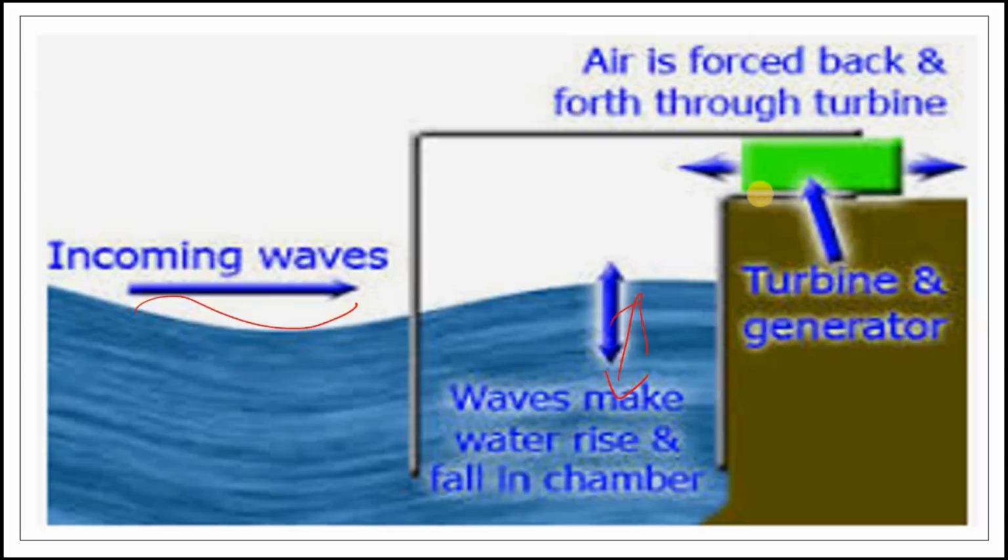Simple thing is that whenever any movement is there, there is mechanical energy. Anything can move only because of mechanical energy, kinetic energy. And this movement can be used to move the turbine, and when the turbine moves, electricity is generated. So a wave is nothing but a motion. So the motion of wave can also be used.